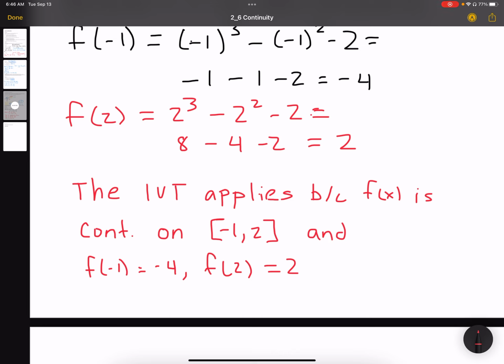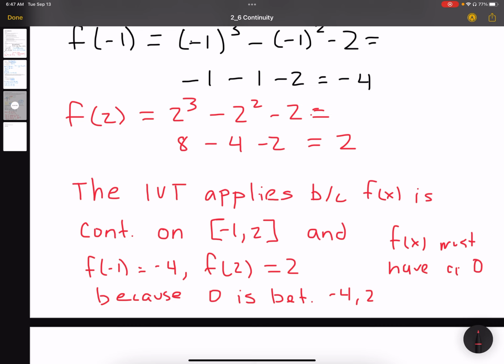So because 0 is between -4 and 2, f of x must have a 0 between -1 and 2.